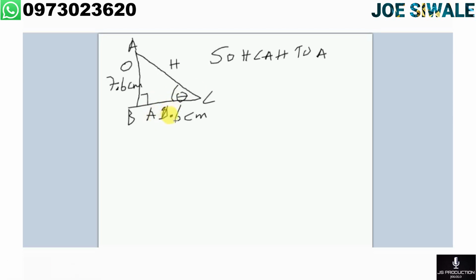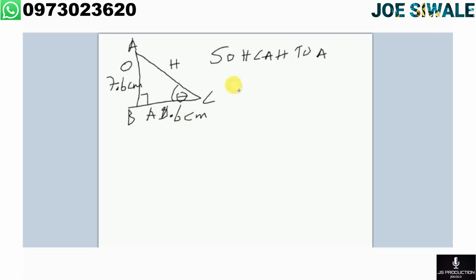The formula that I need to use must contain the opposite and the adjacent. Considering the sine one, it has the opposite and the hypotenuse, so this one cannot apply. What about this one, which has the adjacent and the hypotenuse? Even this one won't apply, but the one that has tan is going to apply, since I'm having the opposite and the adjacent.